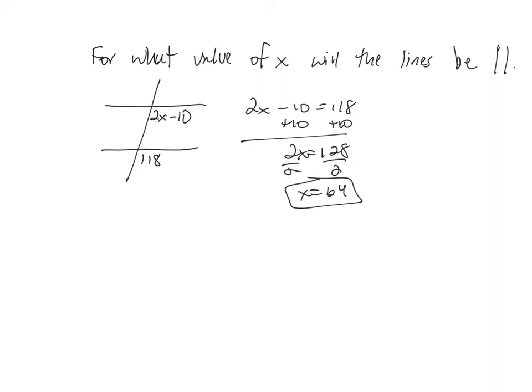So try to just connect when they're talking about parallel lines that you're still going to say alternate interior are congruent, alternate exterior congruent, and so on. Okay.